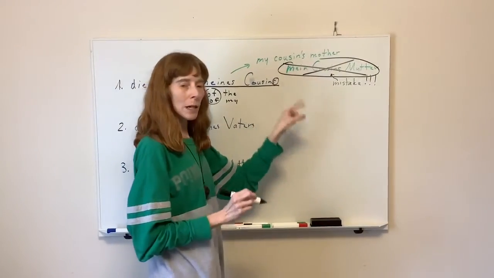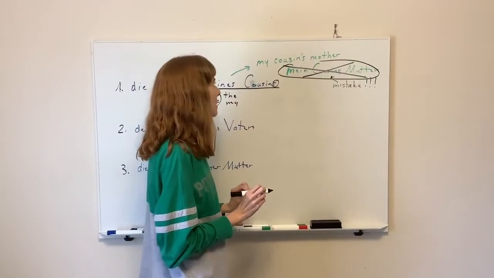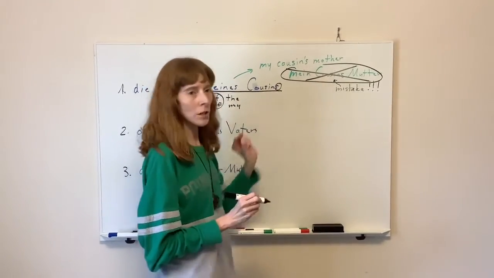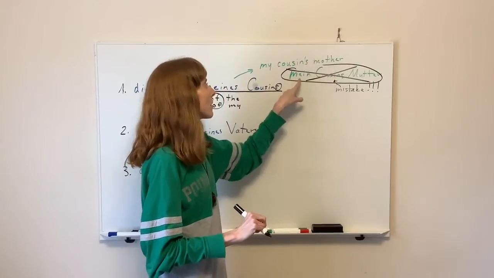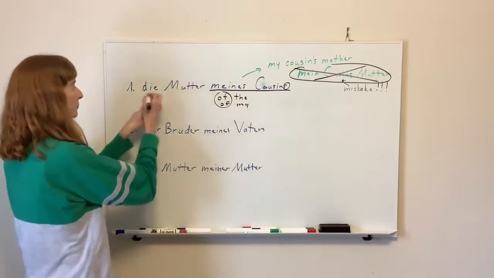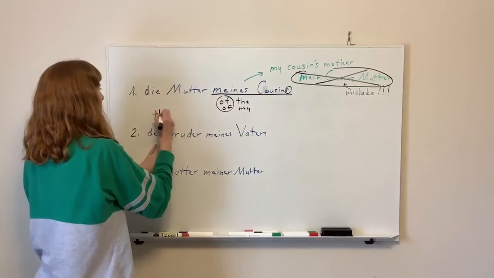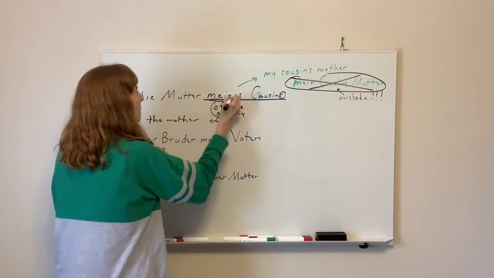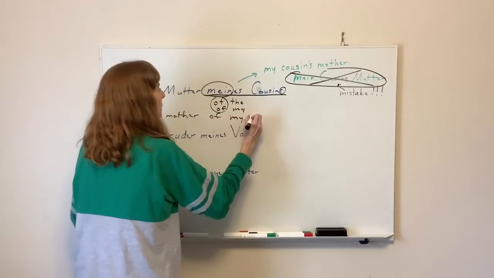Now, if I'm talking about my cousin by name, let's say that my cousin's name is Johann, Johanns Mutter would be perfectly fine, but if I don't have his name here, I've got to set it up like this. So this would translate to the mother of my cousin.